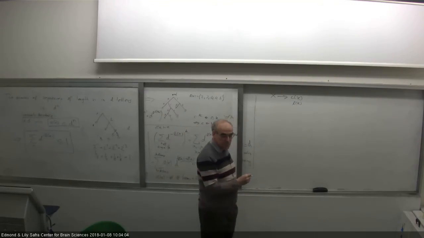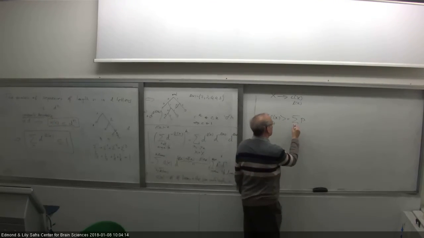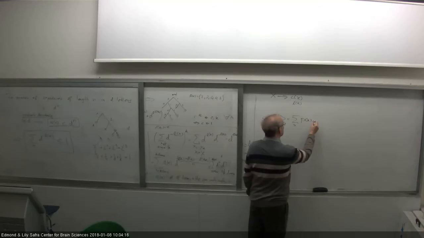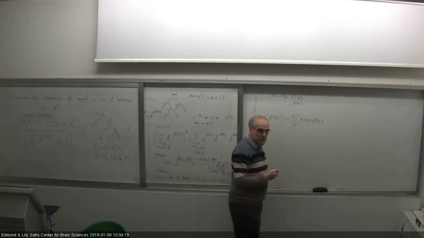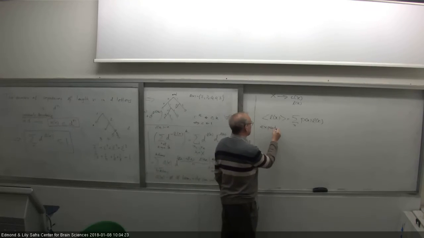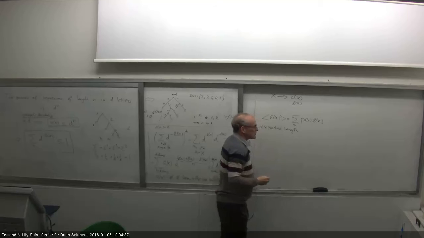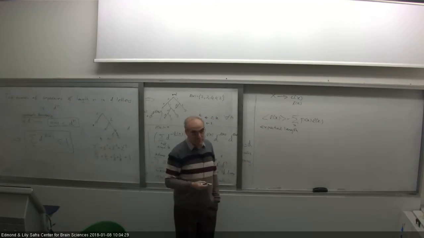And I want the code to be efficient, so I want to find the minimal expected length, which is essentially just the sum over all x of p(x) times the length of the code word. So this is the expected length. And this is something we want to minimize, but still being uniquely decodable.